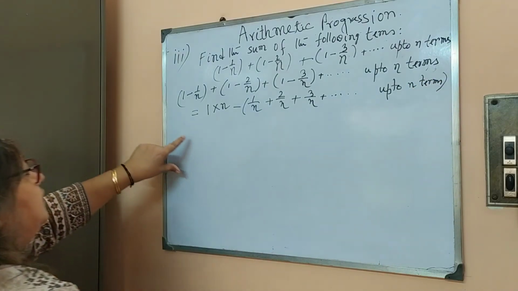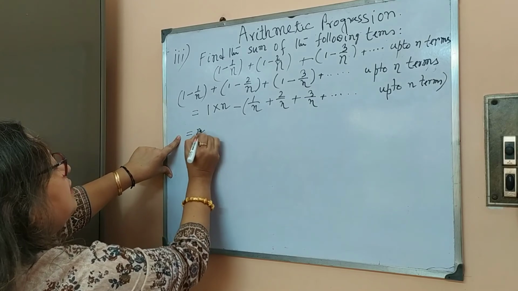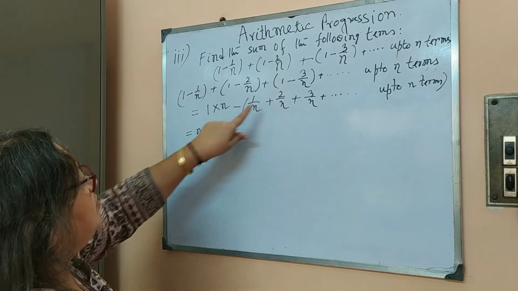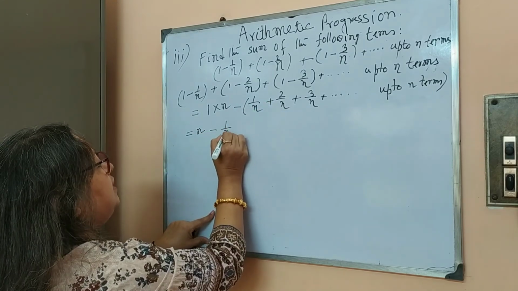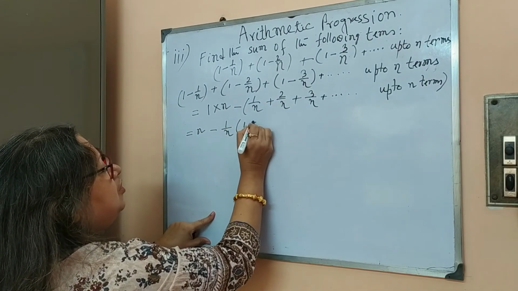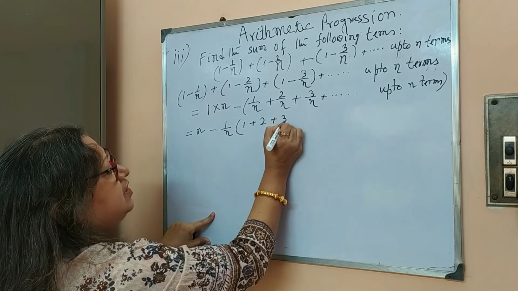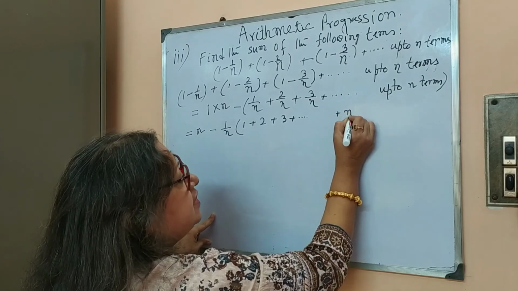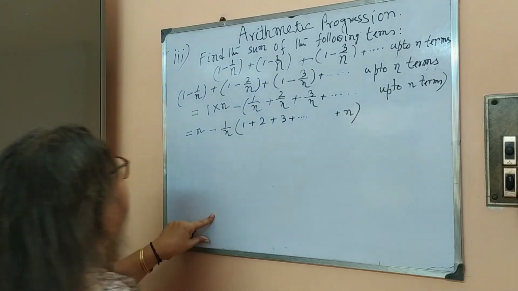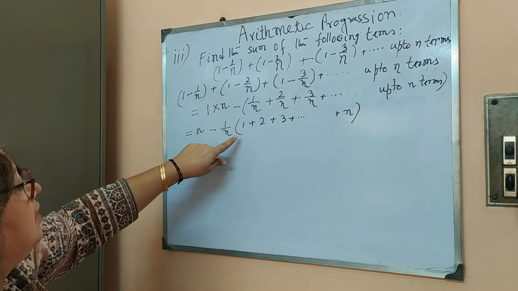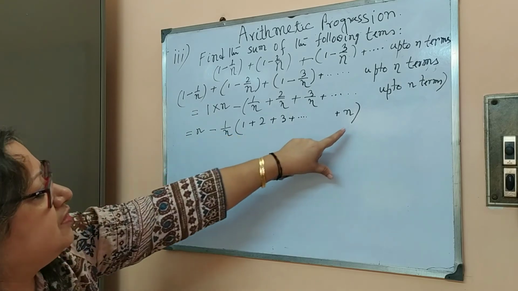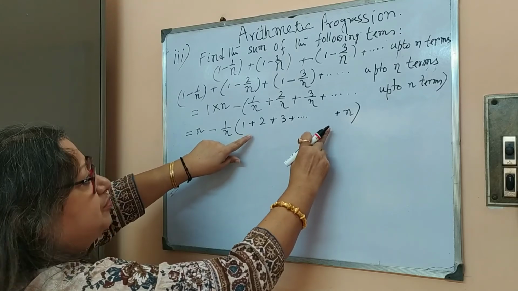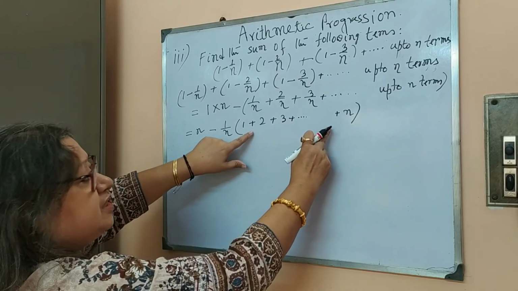Okay. That is equal to n minus, we take out 1 by n, within the bracket 1 plus 2 plus 3 plus dot dot plus up to n terms. Okay, this is the sum of n natural numbers.